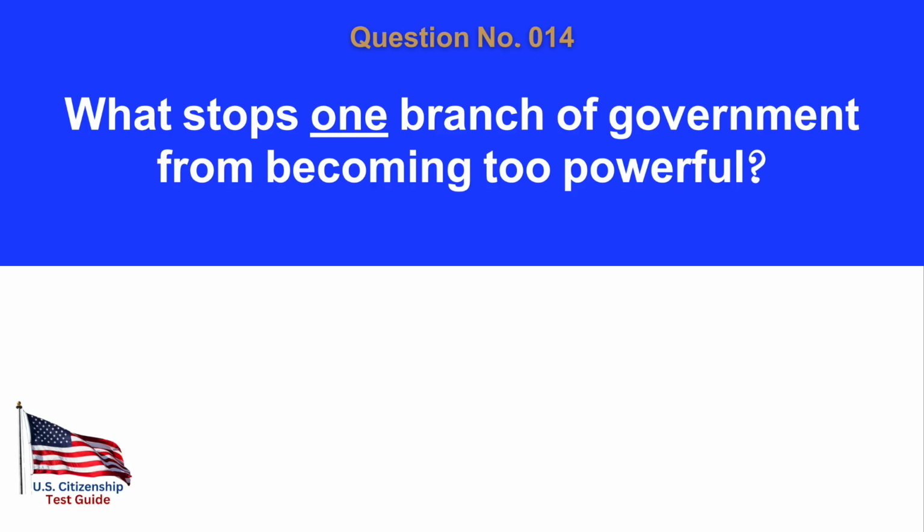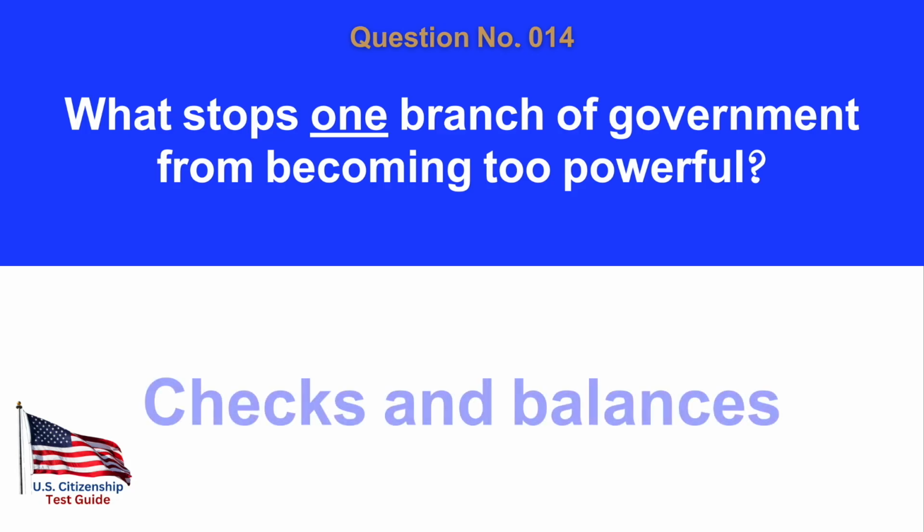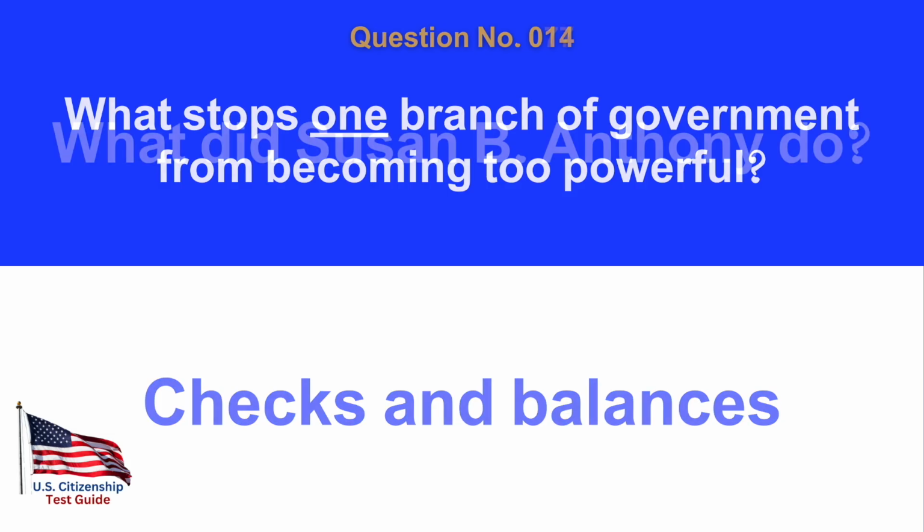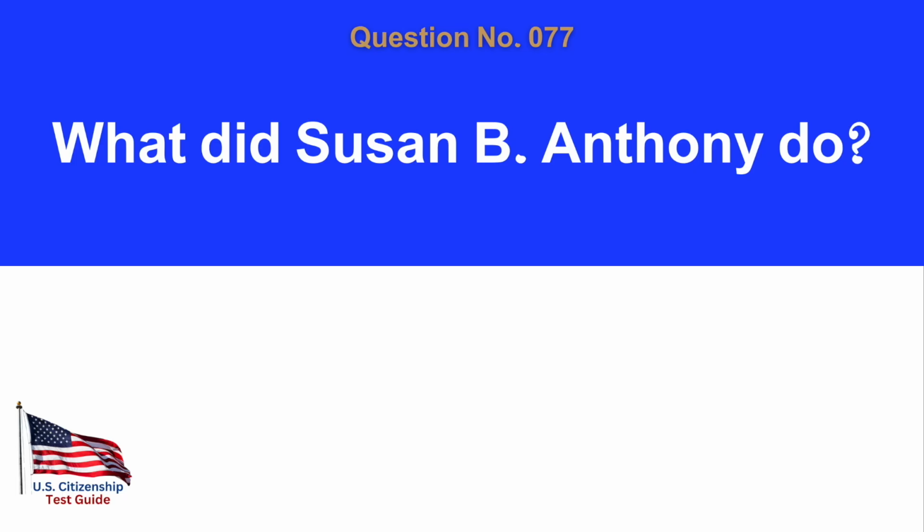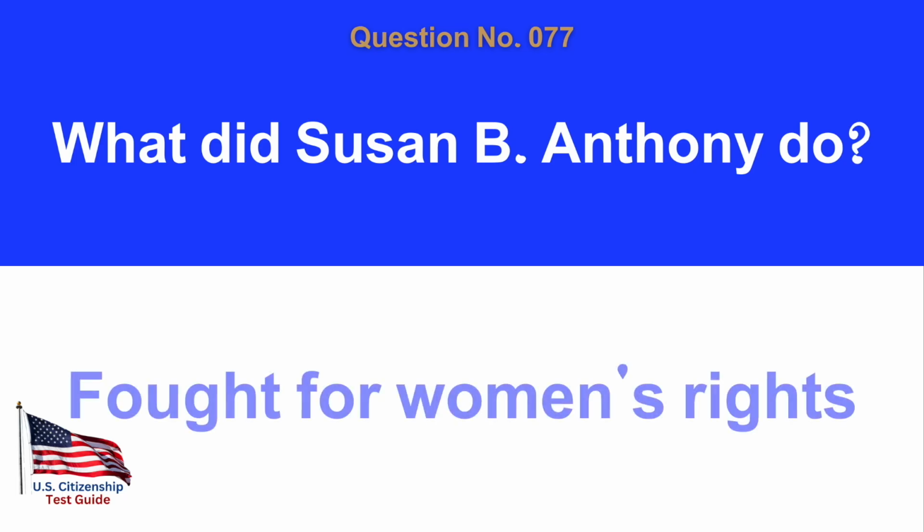What stops one branch of government from becoming too powerful? Checks and balances. What did Susan B. Anthony do? Fought for women's rights.